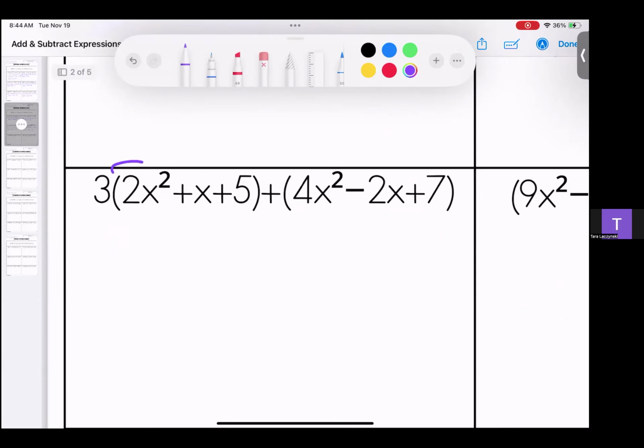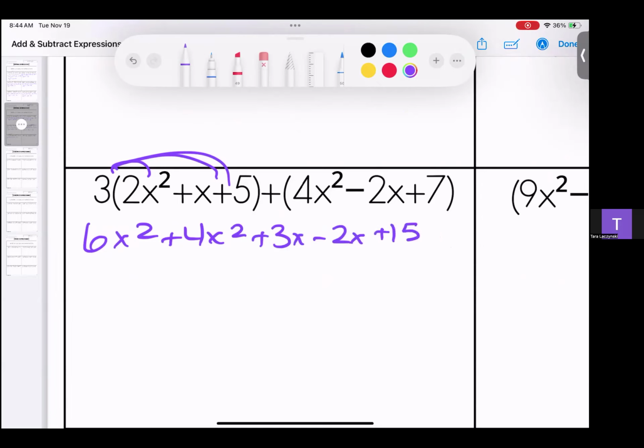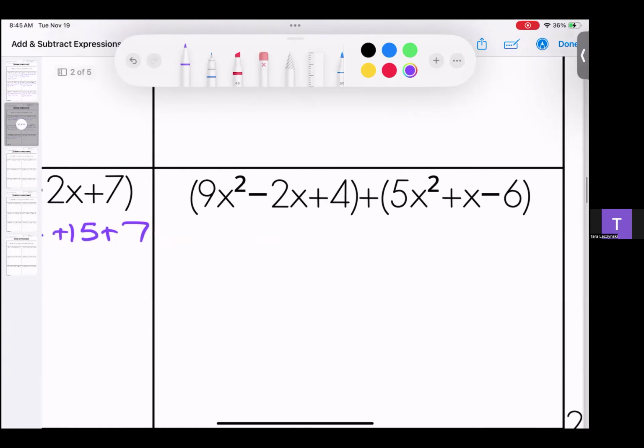Over here, sharing. 6x squared plus 4x squared plus 3x minus 2x plus 15 plus 7. We have 10x squared plus x. 15 and 5 is 20. Add 2 is 22. Over here, nothing to share.